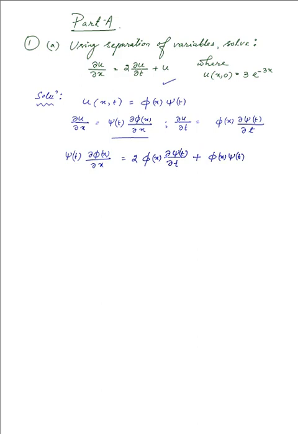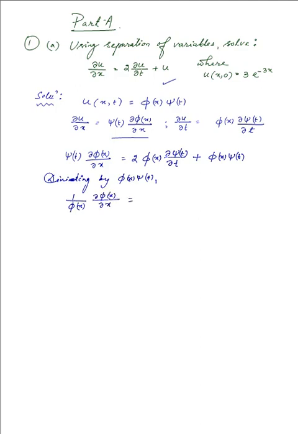Now all of this can be divided with this last term, that is phi x and psi t. So dividing the entire equation by the factor phi x psi t, that is obviously equal to u. So what we have is, on the left hand side, psi t gets cancelled, and what we are left with is only 1 upon phi x and del phi x over del x.